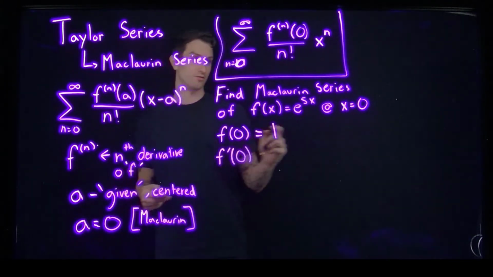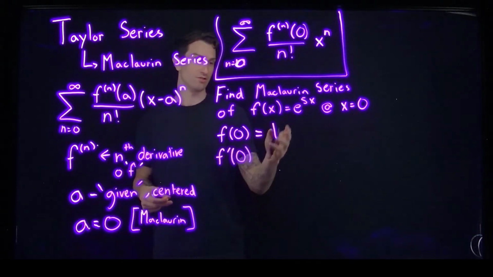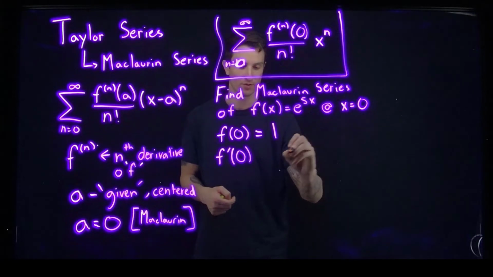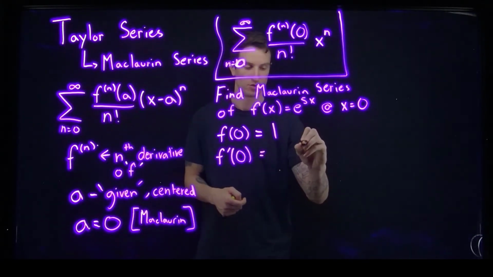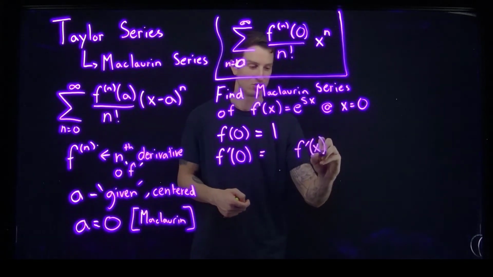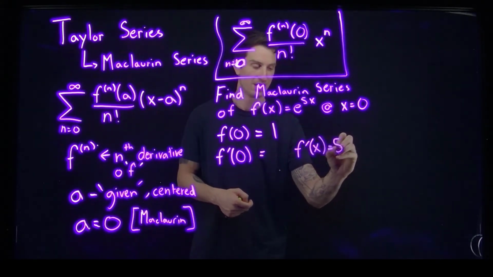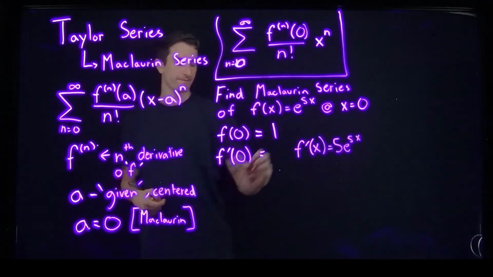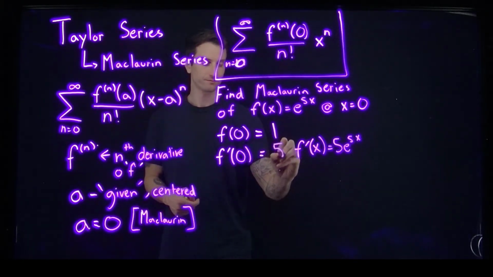Well, in your homework, the reason why it has you do this is you first find the derivative. So maybe we'll write out the derivative over here. The derivative is f prime of x. This is just a chain rule. 5e to the 5x. So now we have 5.